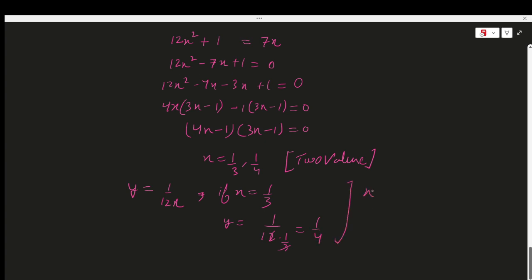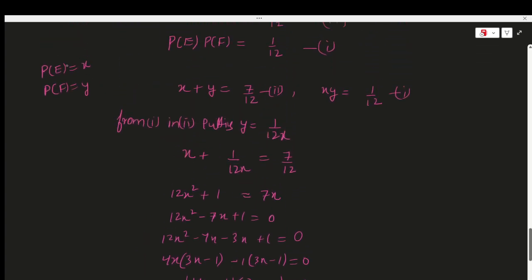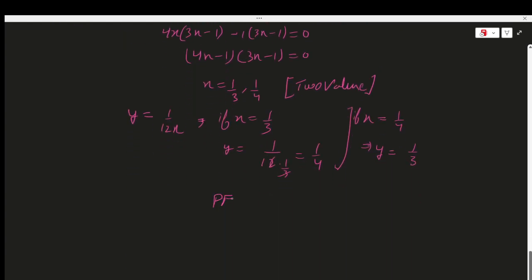And if we use x equals 1 by 4, it will give us y equals 1 by 3. So the two values which we needed, that is P(E) and P(F), will be 1 by 4 and 1 by 3, or maybe 1 by 3, 1 by 4.